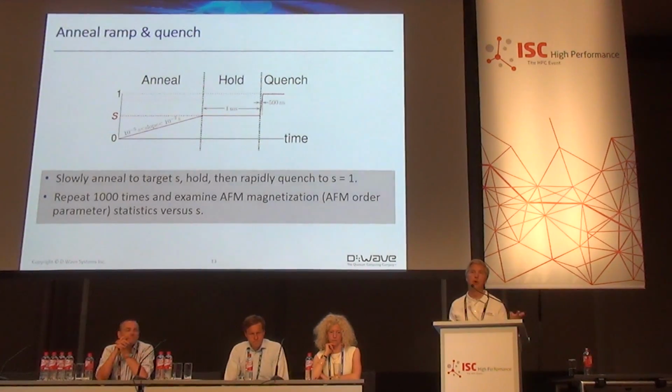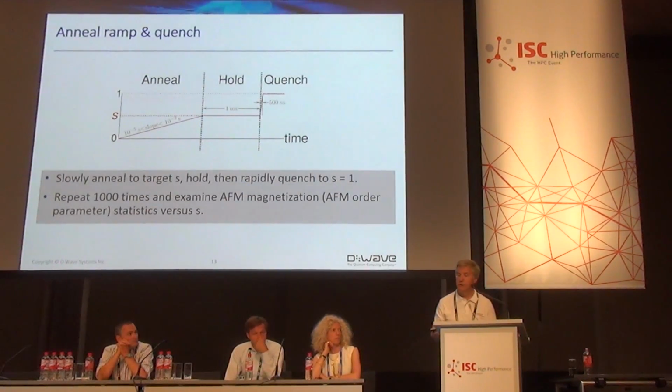That's 50 times longer than we would normally be at that point. And so during that 1 millisecond interval, our system is behaving as a 3-dimensional nearest neighbor coupled Ising model with a transverse magnetic field. So it is a quantum system during that part of the anneal.